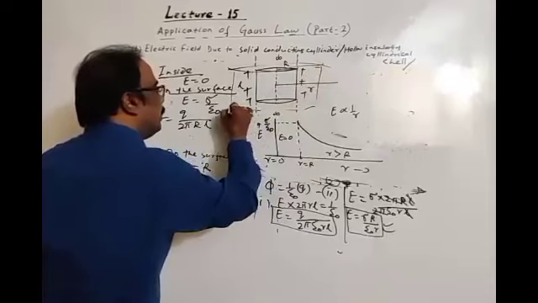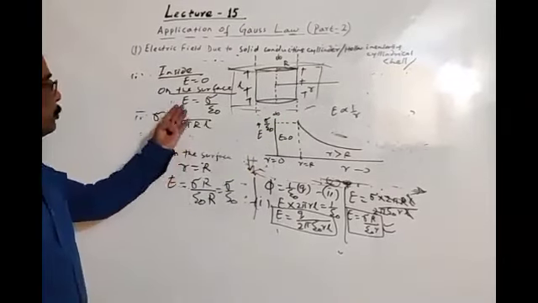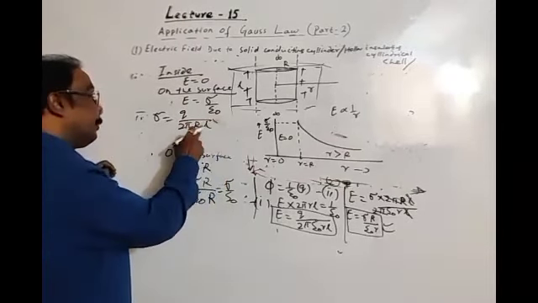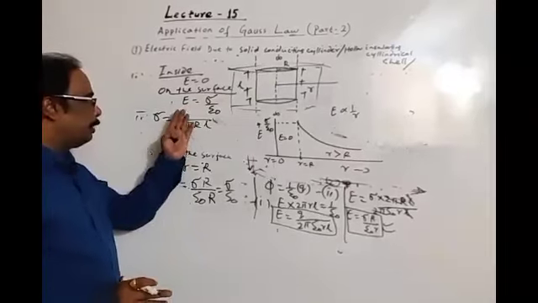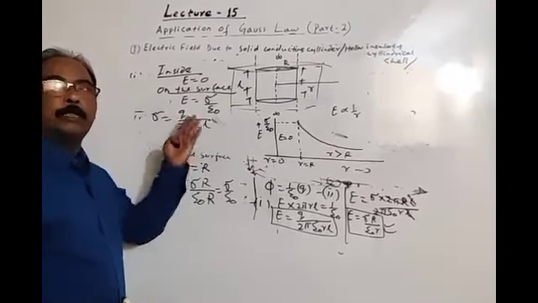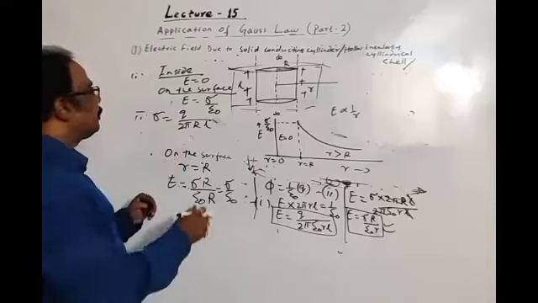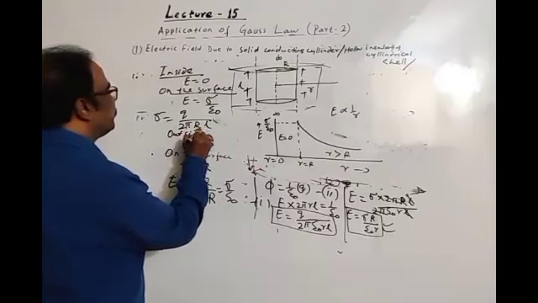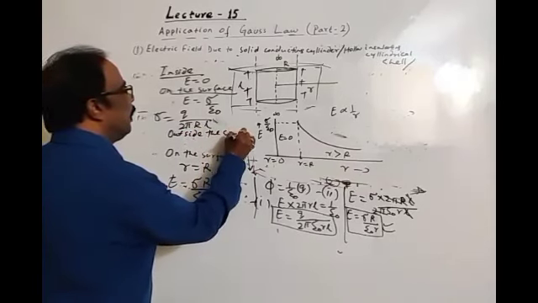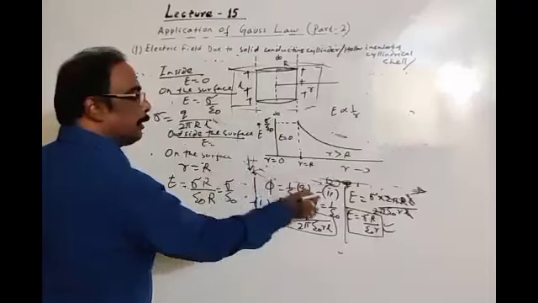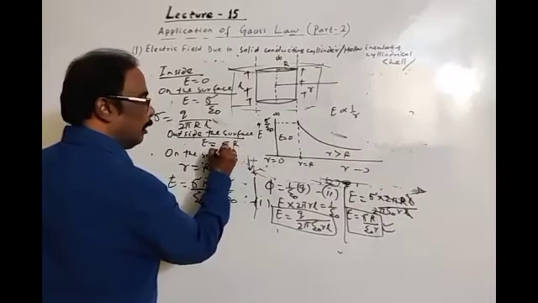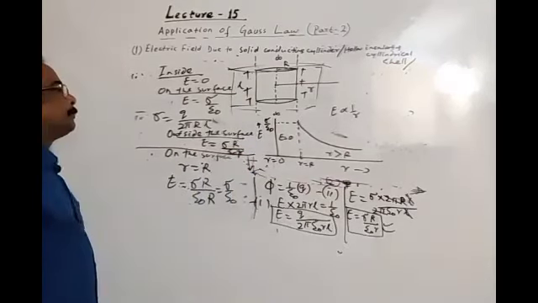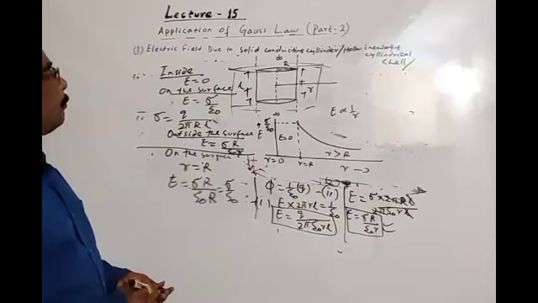But the length of this cylinder is infinite, so charge per unit length is considered. Sigma is charge per unit surface area, the surface charge density. In the previous case it was linear charge density, here this is surface charge density. Then outside the surface, electric field, as we got, is sigma R divided by epsilon naught small r. Okay, this is all for this case.